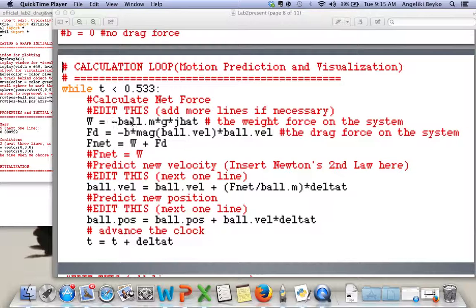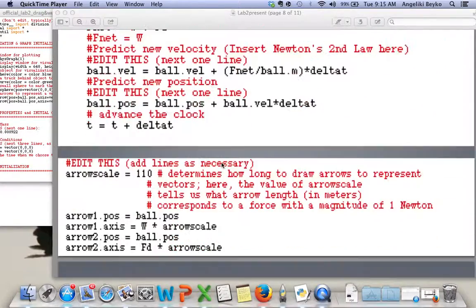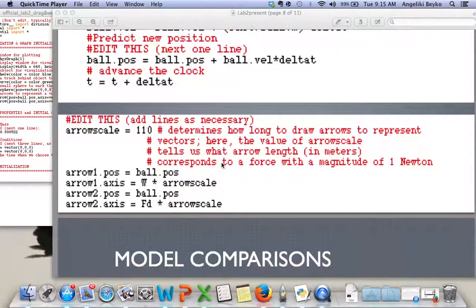So again, weight is negative ball mass times g, the gravitational pull, times j hat, the direction, and drag force is negative b, the proportionality constant, times the magnitude of the ball velocity times ball velocity, where this second ball velocity is accounting for the direction.